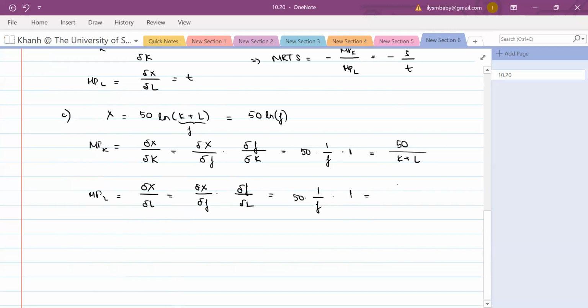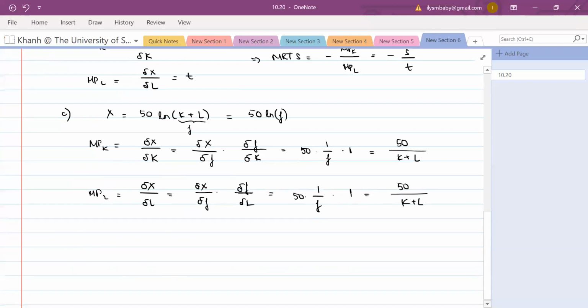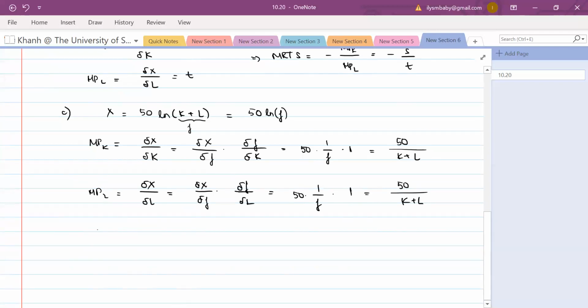So again, that is just 50 divided by f, and f is k plus L. All right, so therefore, the marginal rate of technical substitution is negative the marginal product of k over the marginal product of L, and that just gives you negative 1.